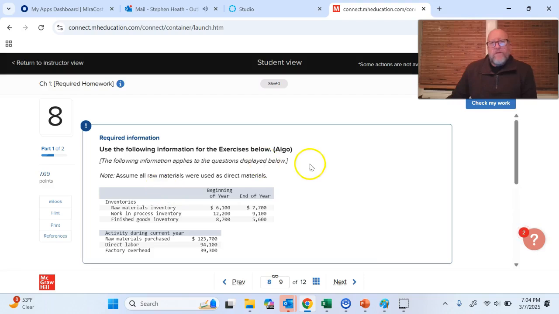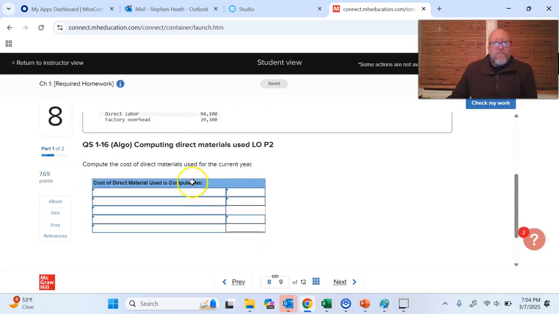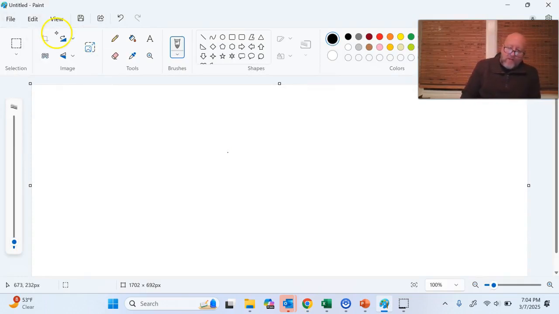Use the following information for exercises below: inventories, beginning and ending, activity during the year, raw material purchased. This question is compute direct materials used. And just to be clear, direct materials used is the raw materials account.